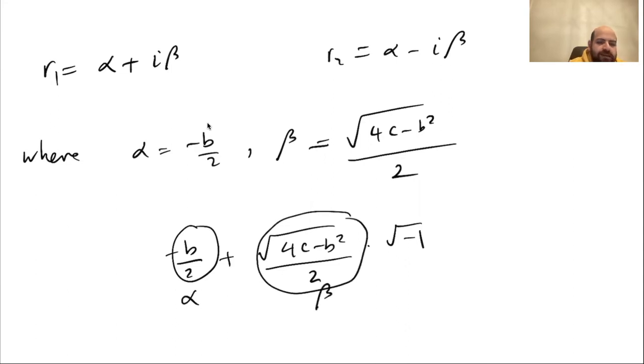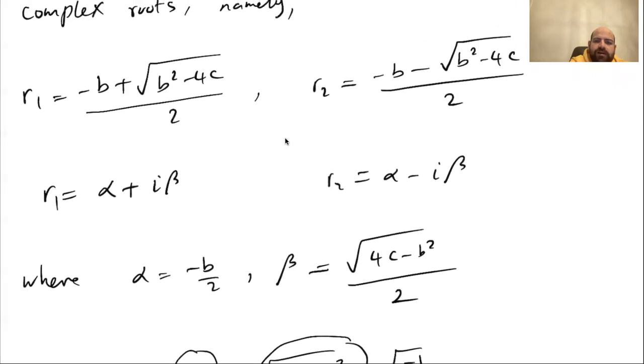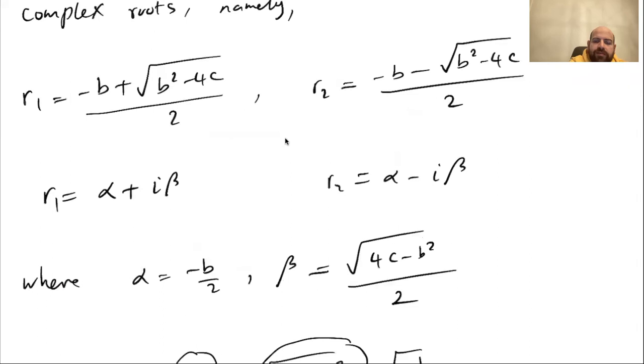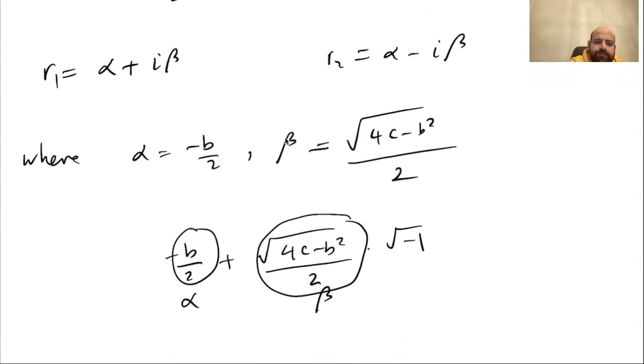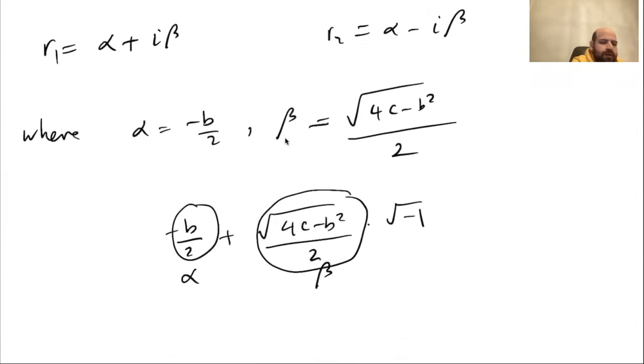And we can write r1 as alpha plus i beta. Root minus 1 is i, right? So we can write it as alpha plus i beta. Similarly, we can write r2 as alpha minus i beta. So this is how we can write r1 and r2.